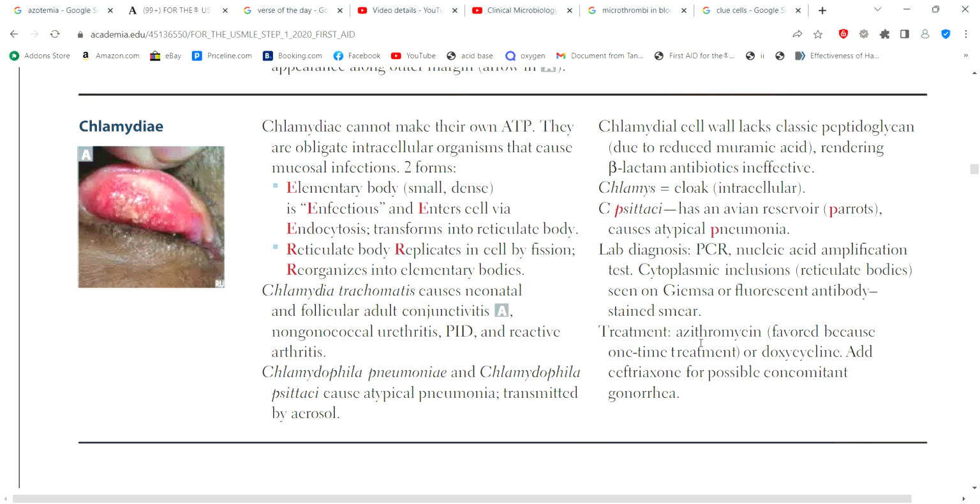So treatment is azithromycin plus ceftriaxone, or doxycycline plus ceftriaxone. Ceftriaxone is a magic drug.